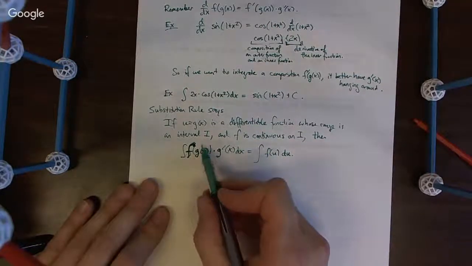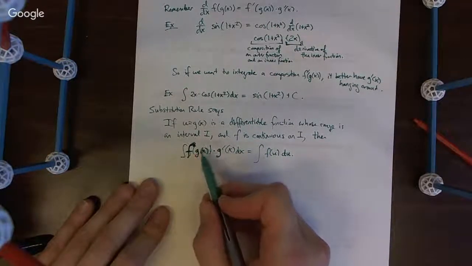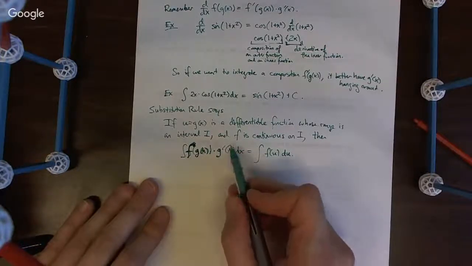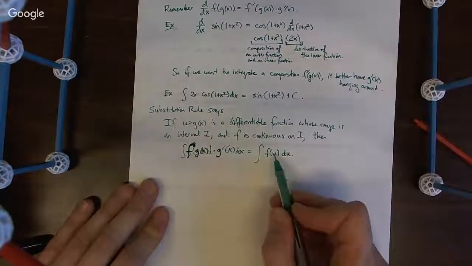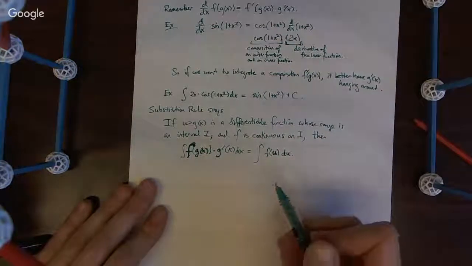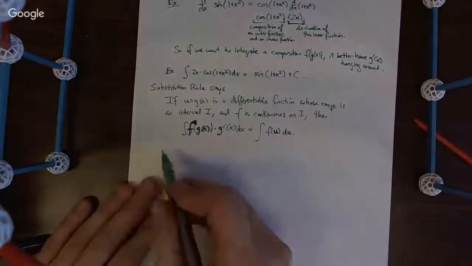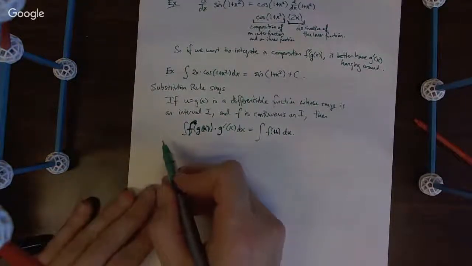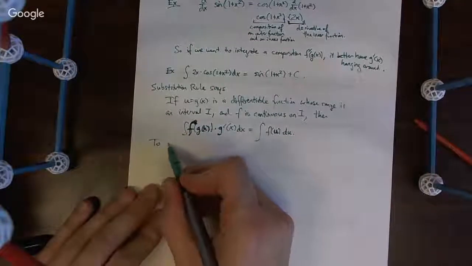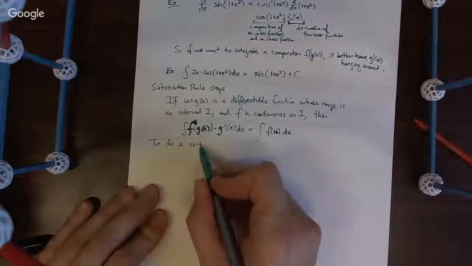So what we're going to end up doing is replacing the g of x and this trailing g prime of x by a new variable u. And this is why it's sometimes called u substitution.